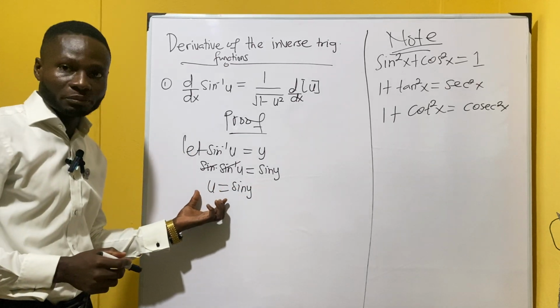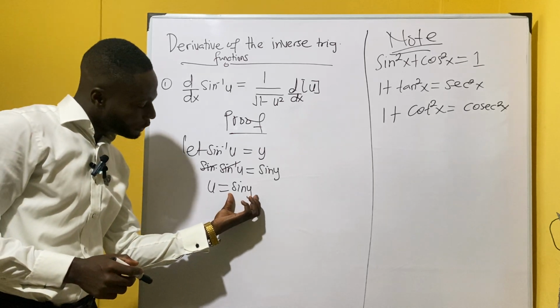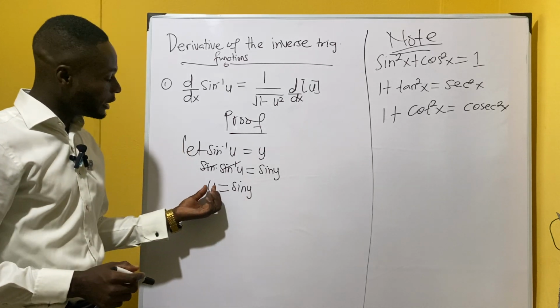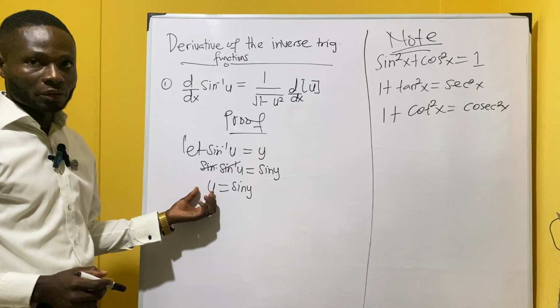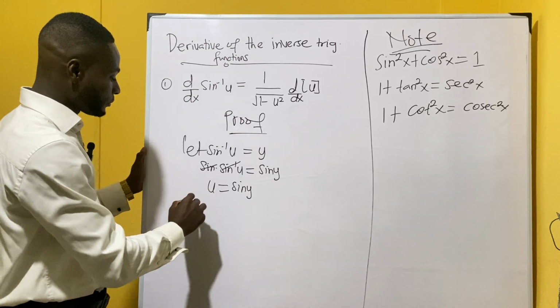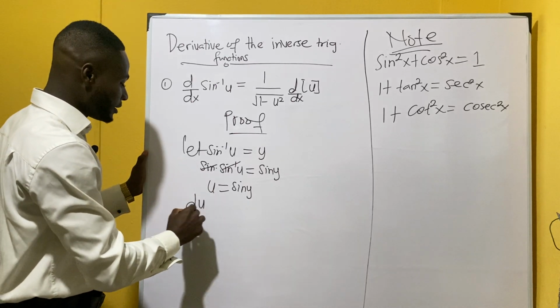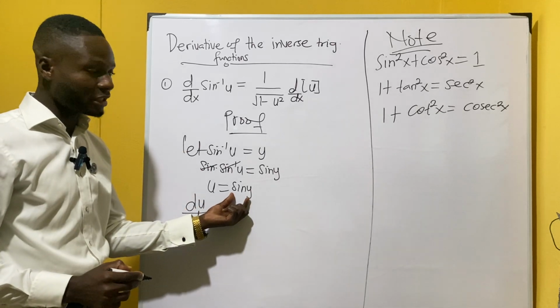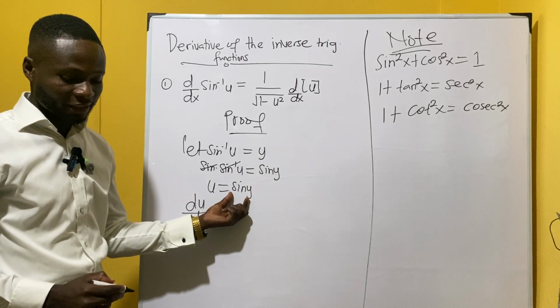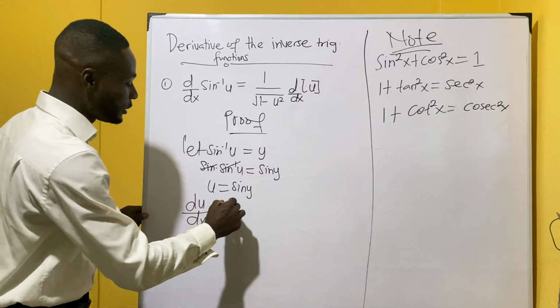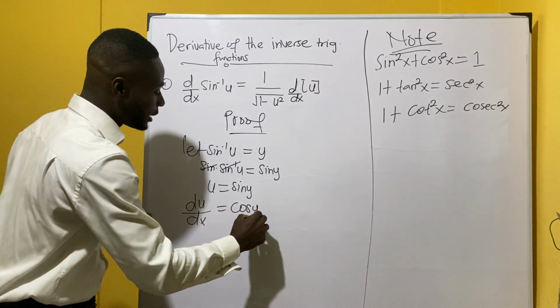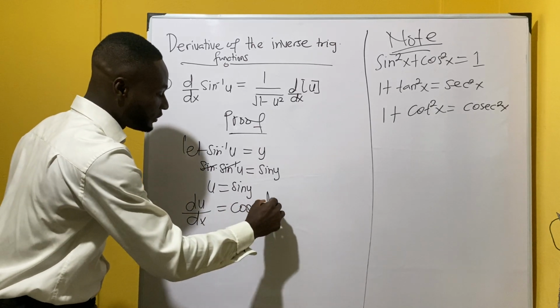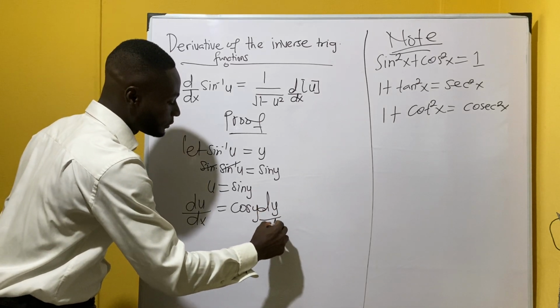Now we differentiate both sides. This side, we use the chain rule at this point, and then we differentiate this part as well, right? So we have the differential of this over this should be equal to the differential of sine, right? And we all know that the differential of sine will give us cos y, right? Then we differentiate the inner function as well.